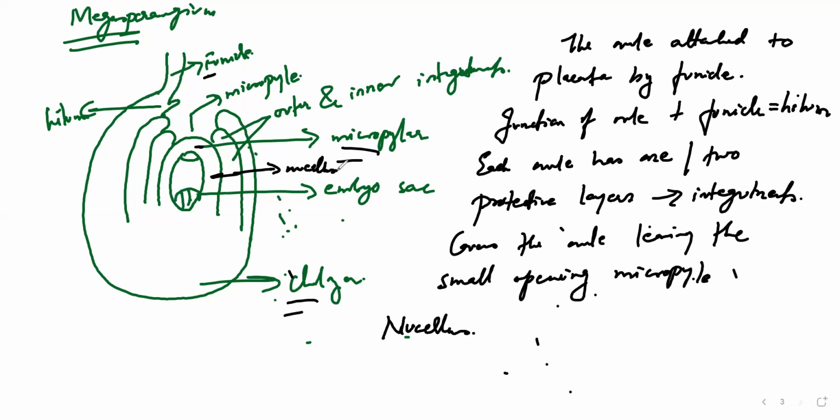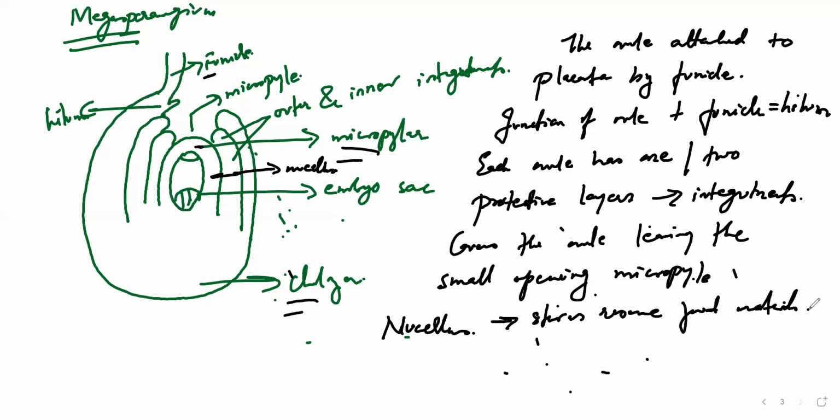Okay, so where is the nucellus present? Obviously, it's present within these integuments, and it contains a mass of cells so that it can store what? Food materials. Okay, so it stores reserve food materials. Okay, so together we have this entire thing which is called what? The embryo sac.